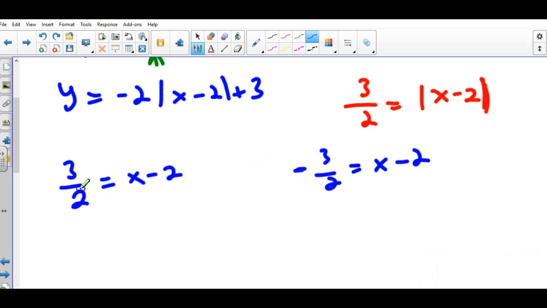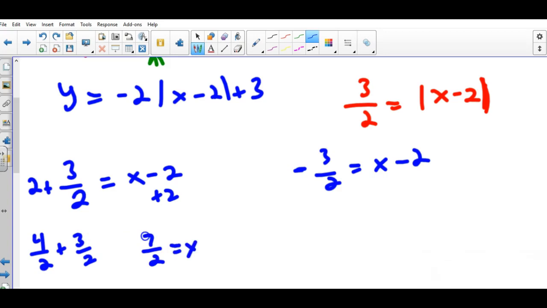So now we got to add 2 on both sides, right? If you don't remember, 2 is the same thing as 4 over 2, because 4 divided by 2 is 2. So common denominators, however you want to look at it. So 4 plus 3 is 7, so you have 7 over 2 equals x.